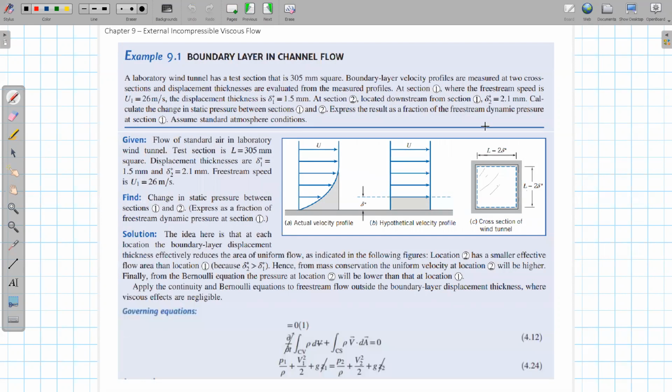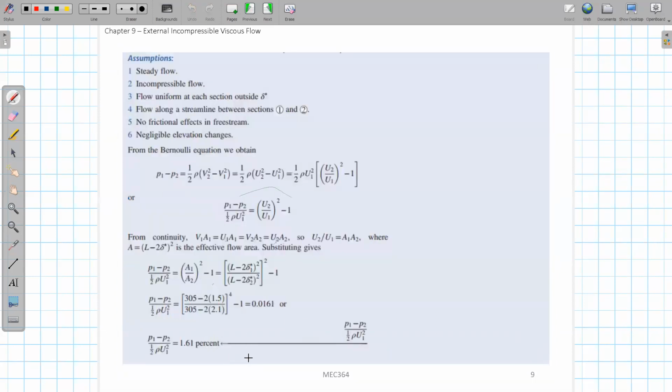But we also have flow rate inside the boundary layer. Because we assume delta star is much smaller than L, the mass flow rate inside this region is very small, so we can neglect it in the continuity equation. But with this assumption, the result we got here is only approximate, so be aware of that.